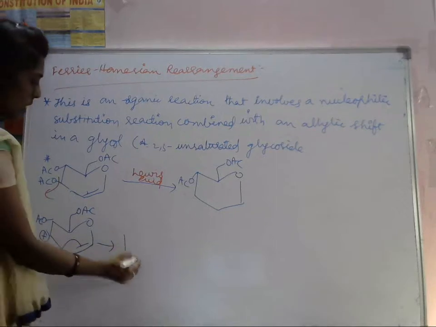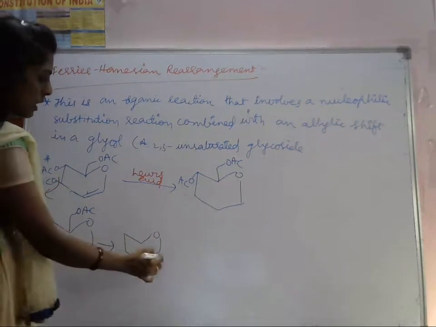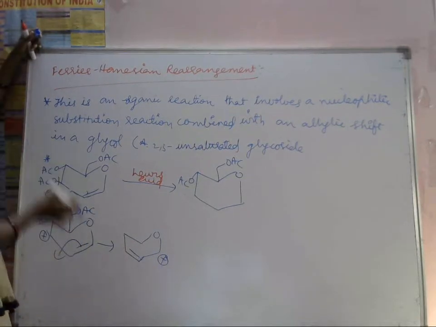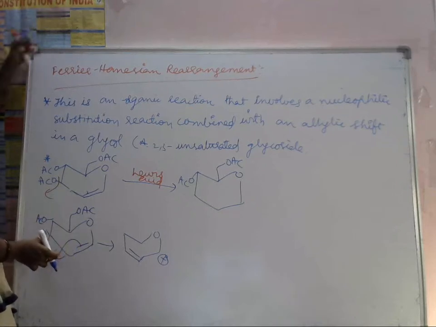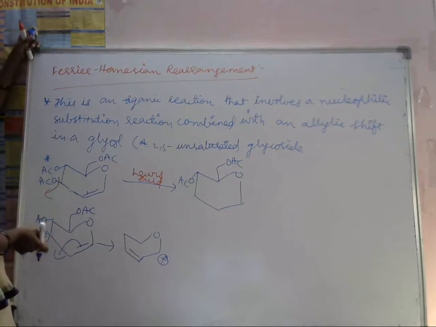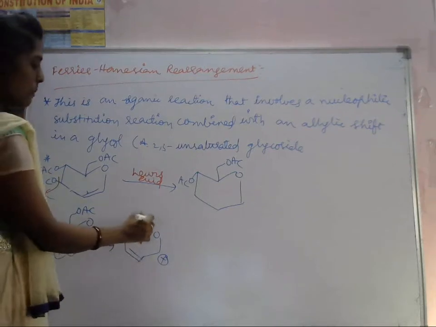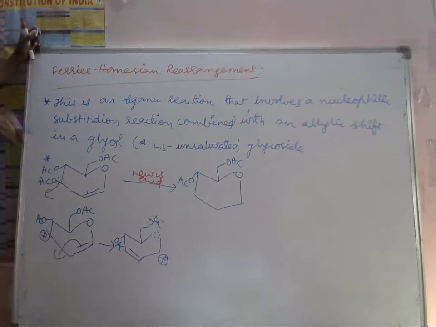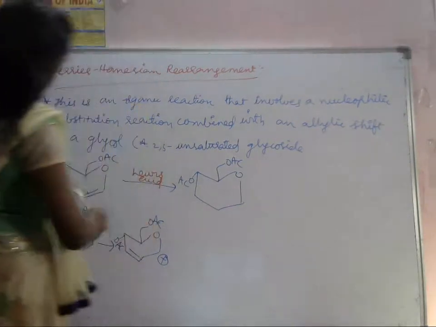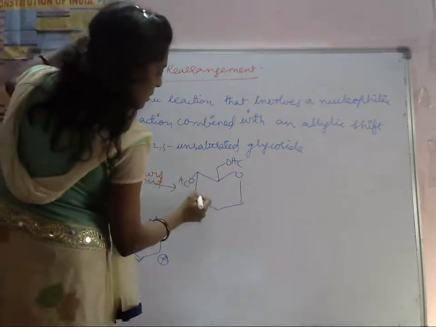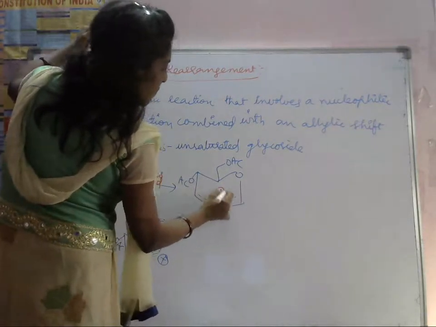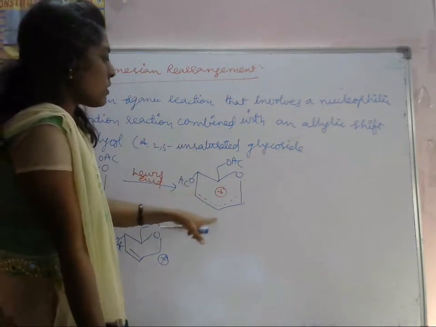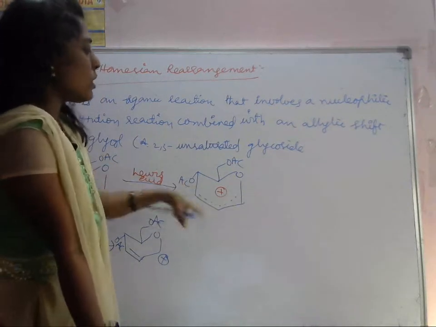At that time this carbon gets the positive charge, because the bond pair of electrons gets shifted to nullify this charge, and this carbon gets the positive charge. Like that, the positive charge rotates around this ring, so we have to represent it like this: this positive charge may be at this carbon or this carbon.